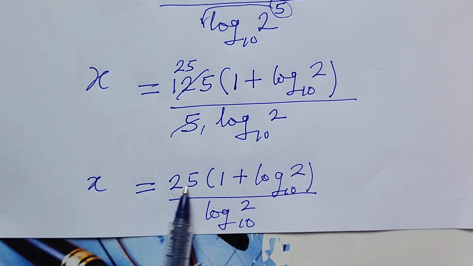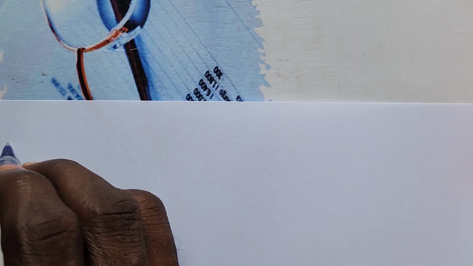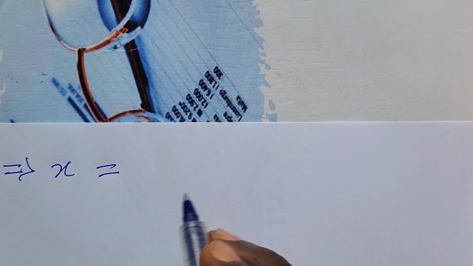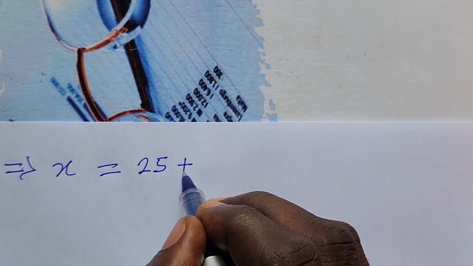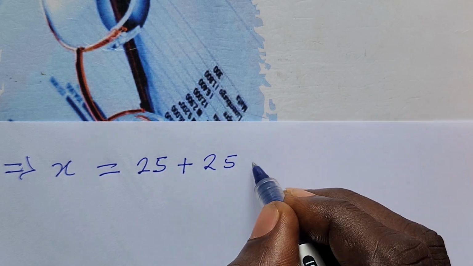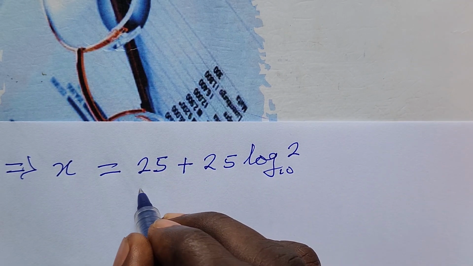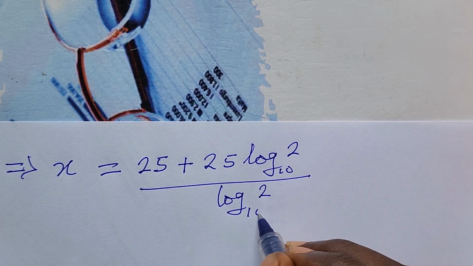Again, we can use this 25 to open up everything in here, right? So x will now be equal to 25 plus 25 log 2 base 10 all over log 2 base 10.